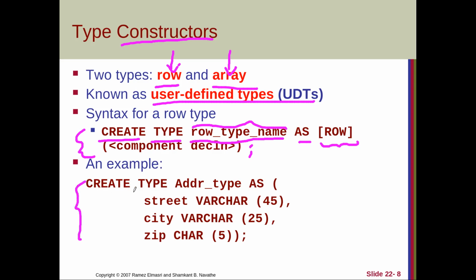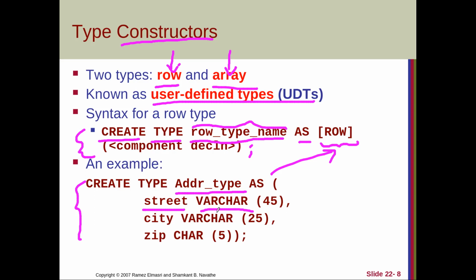CREATE TYPE address_type AS. I am giving a type name address_type, and I am not giving ROW here because by default it will consider this as a row type if you are not providing anything. Then within parentheses I will provide different component declarations. First of all, street VARCHAR of 45.